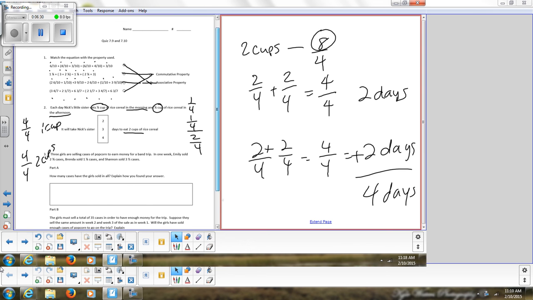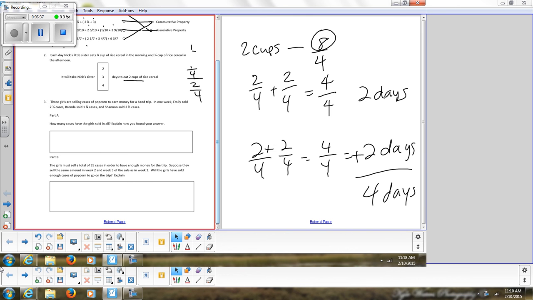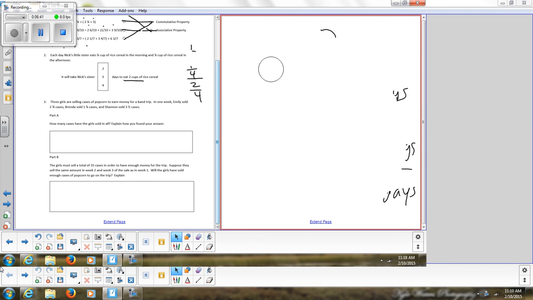Next one, number 3. I don't like this smartboard. Number 3 says three girls are selling cases of popcorn to earn money for a band trip.